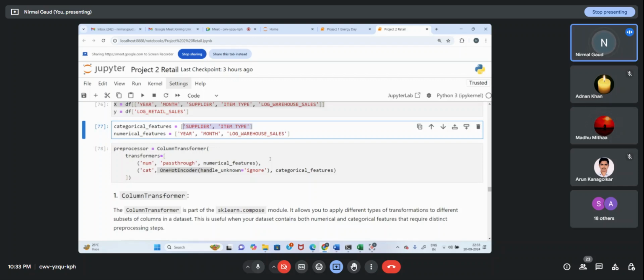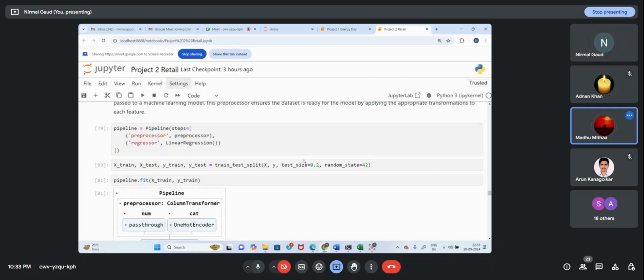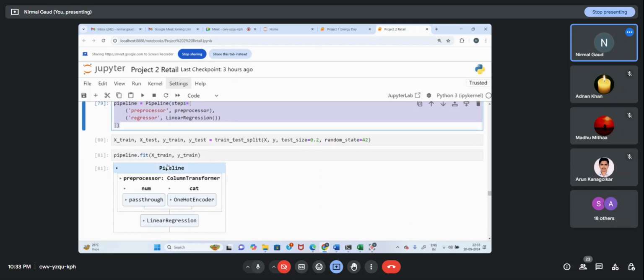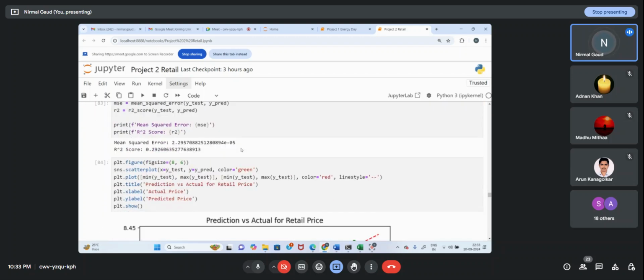That's a good thing. I used linear regression here, and the rest you update in the code. Kindly do update the code and use lasso also, ridge also, the L1 and L2 regression techniques. So far with my linear regression, the error is very very less, 2.29 into 10 to the power -5, and R2 is 0.29.